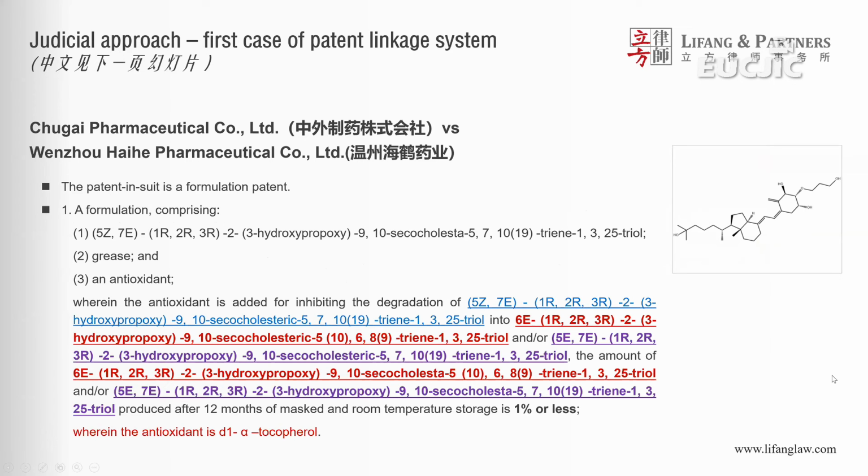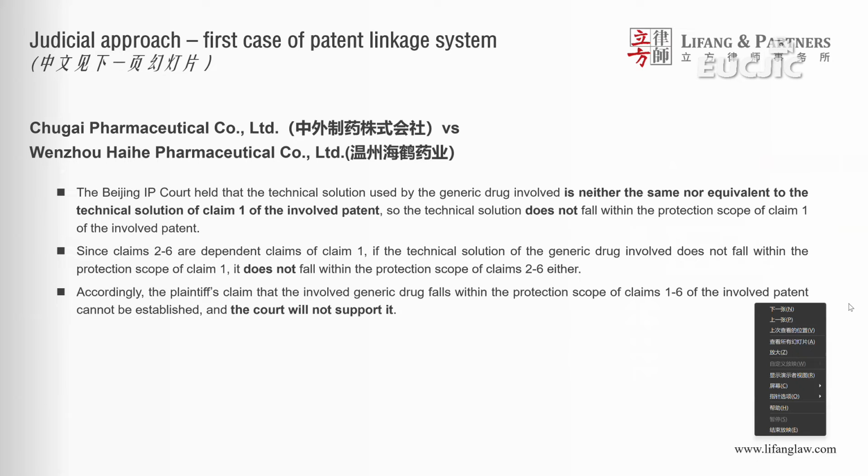Here are just the details of the patents, so I won't spend time explaining them. Anyway, the court, after reviewing the case, believed that the drug does not fall within the protection scope of the patent, and so made the judgment saying the drug does not fall within the protection scope. And this case, as we understand, is now under the appeal process.